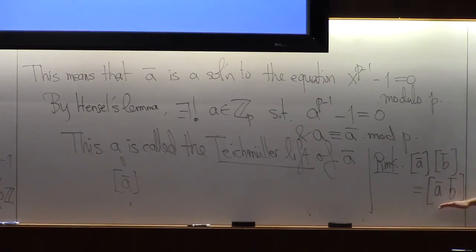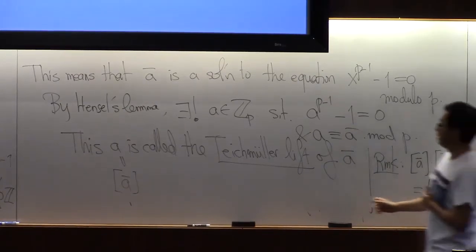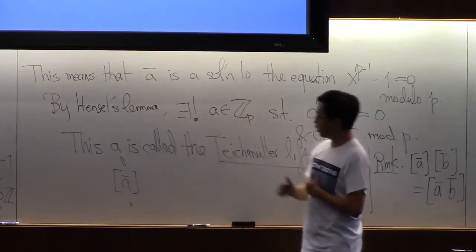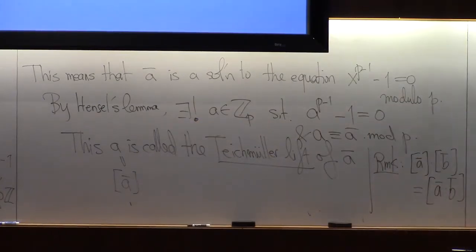And reduction mod p will give you a bar times b bar. But then Hensel's lemma says that there's a unique lift of this solution modulo p, so they must be equal. I can construct it either by Hensel's lemma or just taking the product.